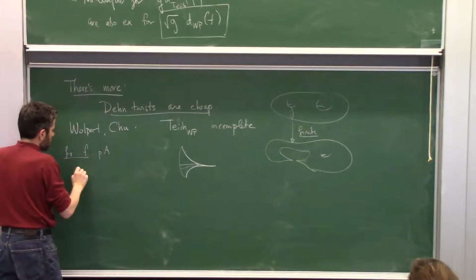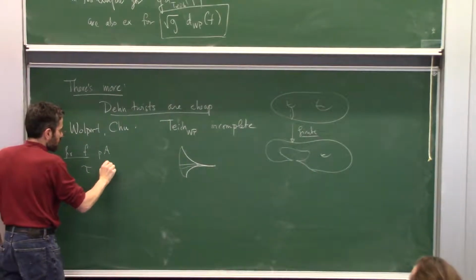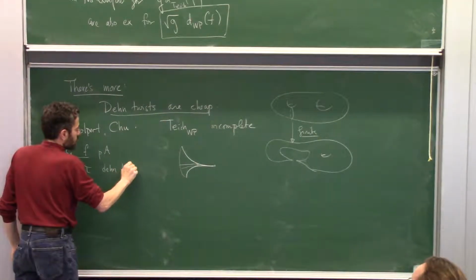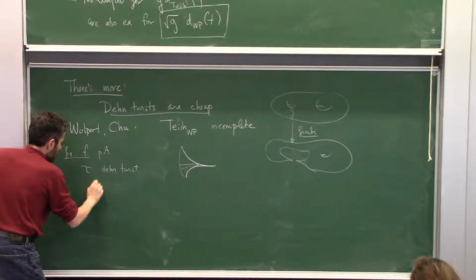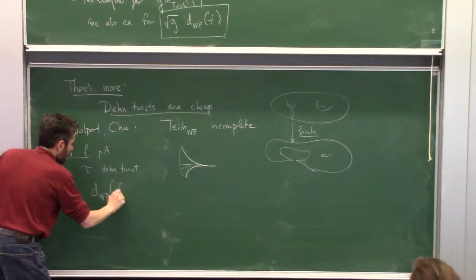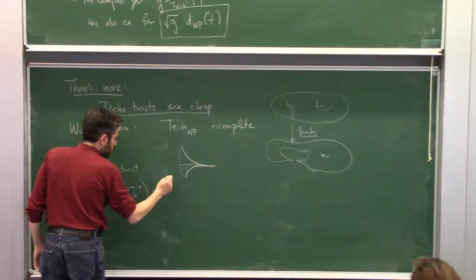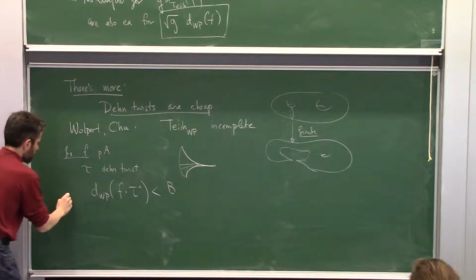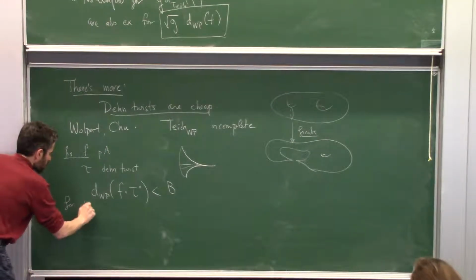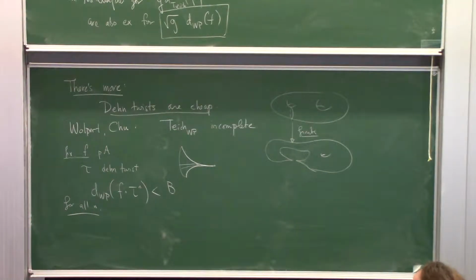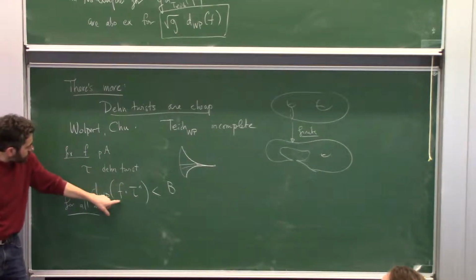pseudo-Anosov, and tau is a Dehn twist around some curve, then the Weil-Petersson translation distance of f tau to the n is bounded by some constant for all n. And you might ask, is this even pseudo-Anosov? Well, it's pseudo-Anosov for all but finitely many n.